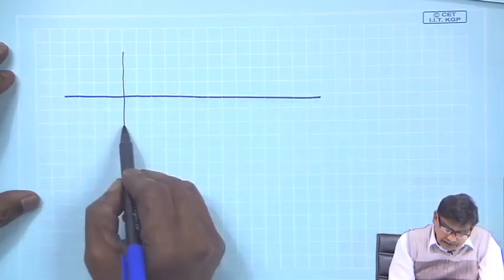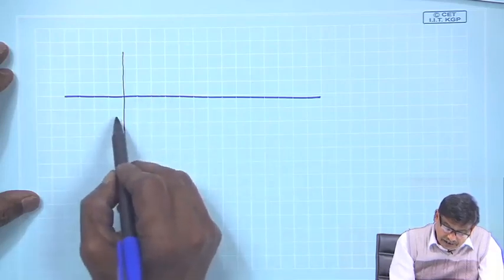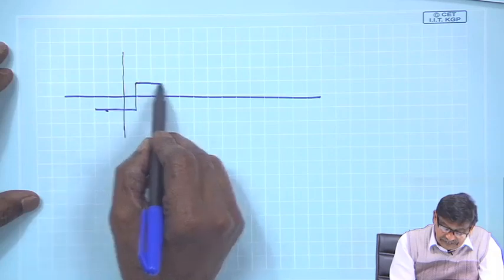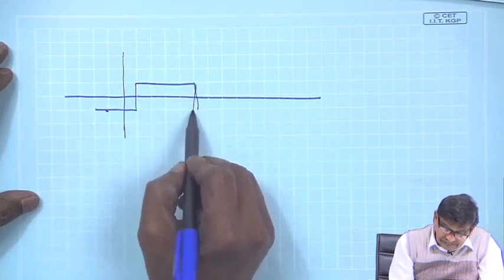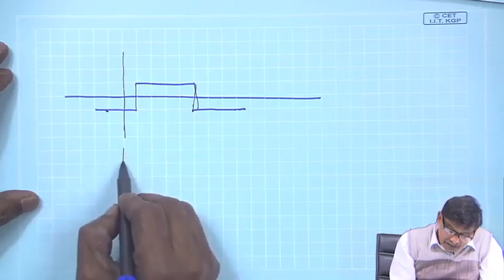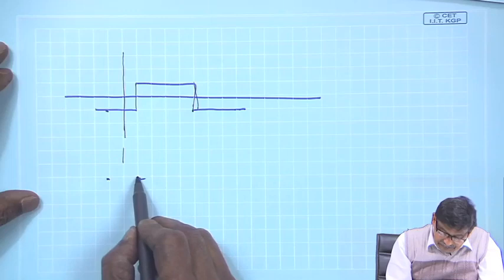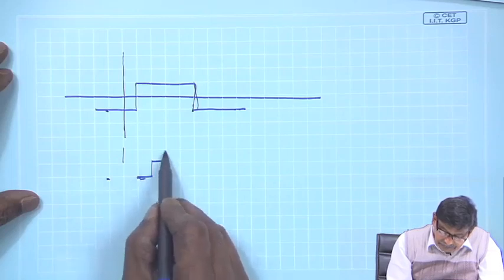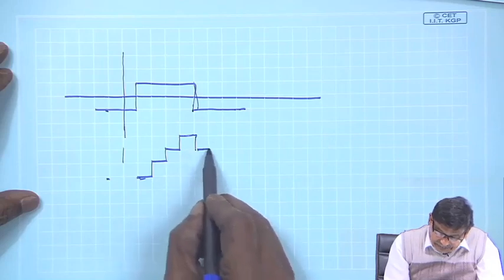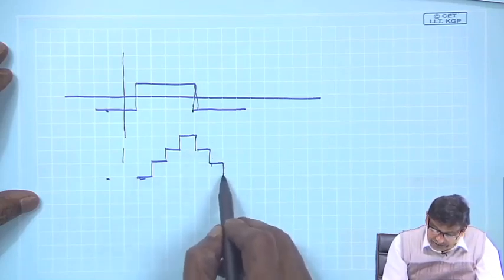I will give one example with different slots. Instead of earlier being like this, something like this, now it will be like this. I can make it like this by using more than one coil.